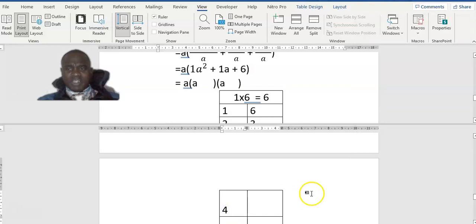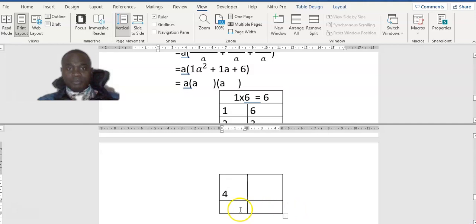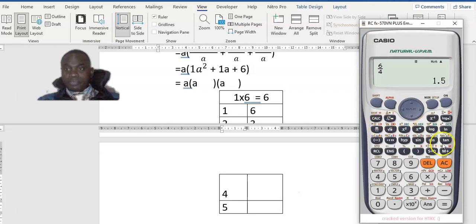We have to use what? Let's try 5, whether it's possible. 5 and what number? So 6 divided by 5.